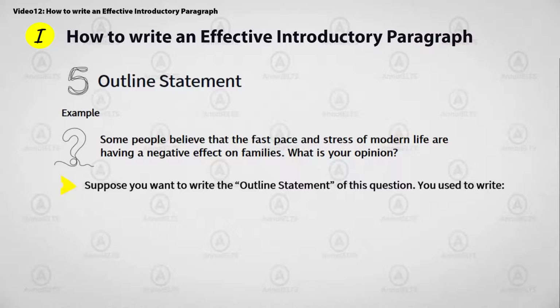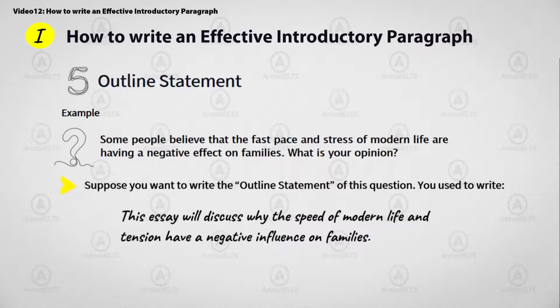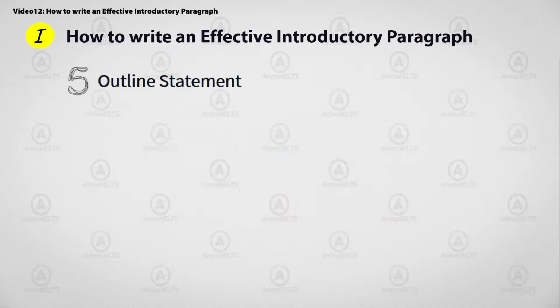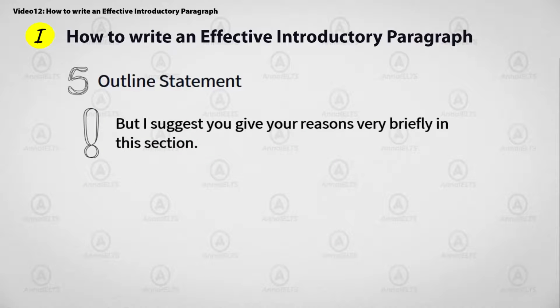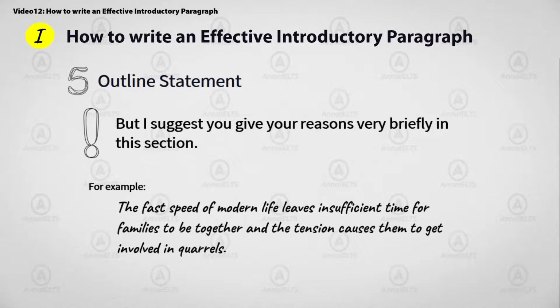You used to write, this essay will discuss why the speed of modern life and tension have a negative influence on families. But I suggest you give your reasons very briefly in this section. For example, the fast speed of modern life leaves insufficient time for families to be together, and the tension causes them to get involved in quarrels.